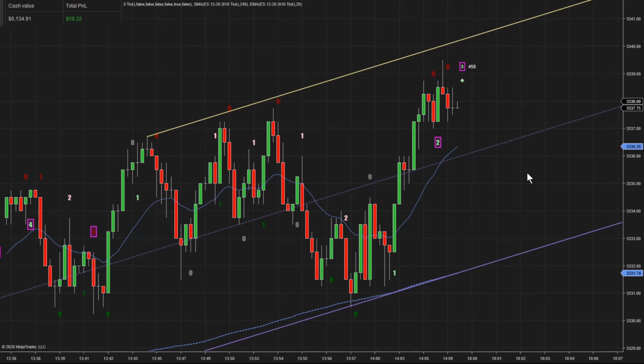We would like one more push up here. 1, 2, 3 pushes up. Why do you want 3 pushes up? Because 3 pushes up make a wedge. You need 3 points to make a wedge. 1, 2, 3. Makes some sort of wedge here.